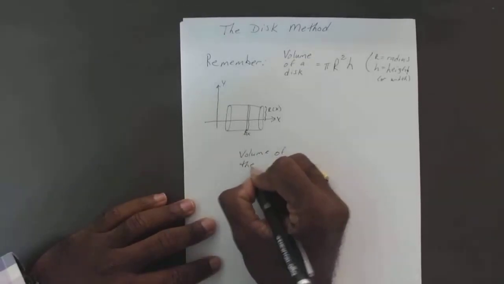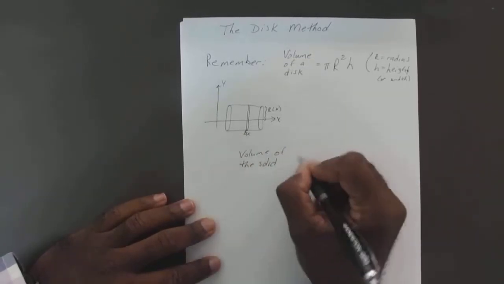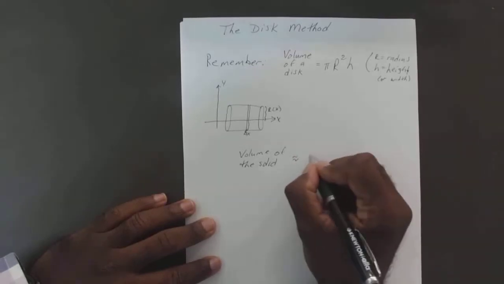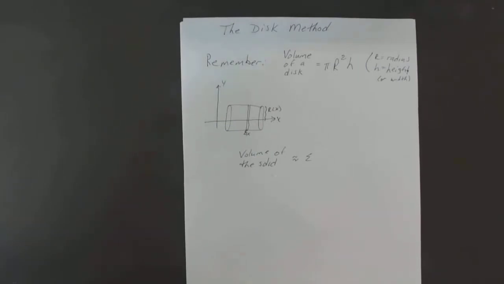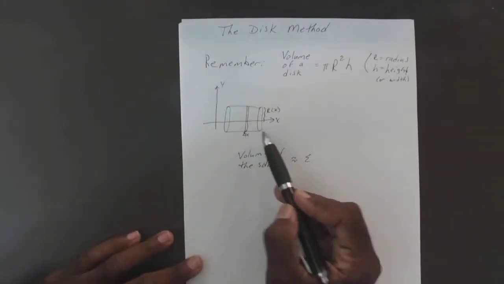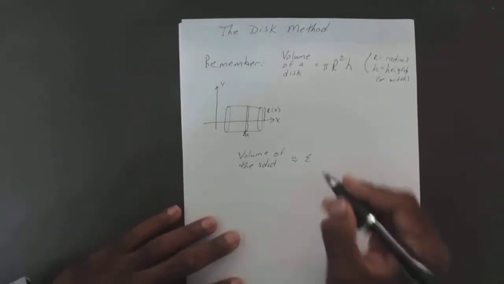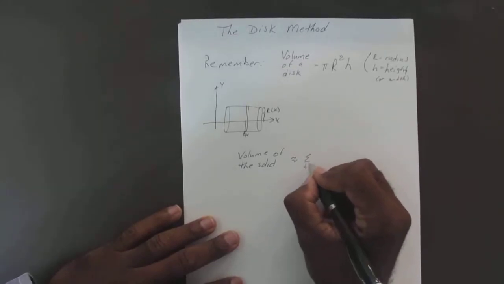Okay, so the volume of this solid would be equal to the sum of all those delta x's when you add them all together. You can get the volume of this one, the volume of this one, the volume of this one, just add them all together.